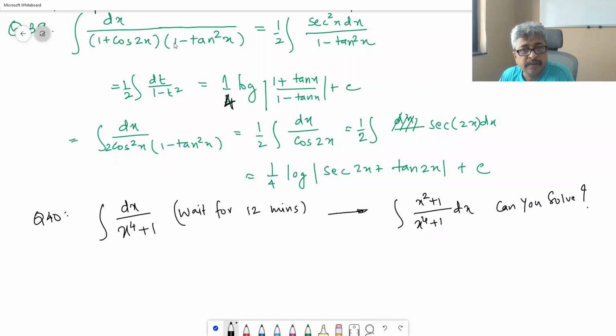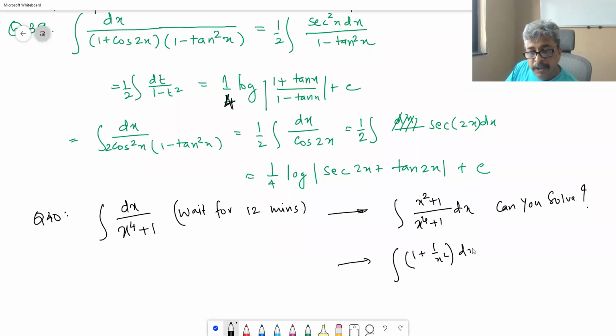Check. Okay. If it is still difficult, maybe let us check integral 1 plus 1 over x square dx upon x square plus 1 over x square. Can we solve?